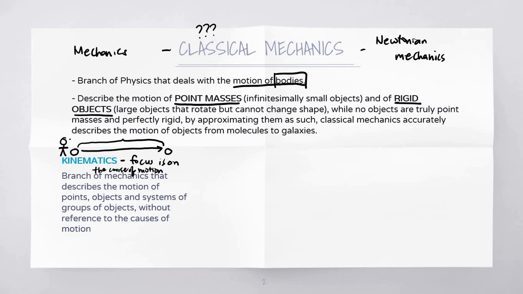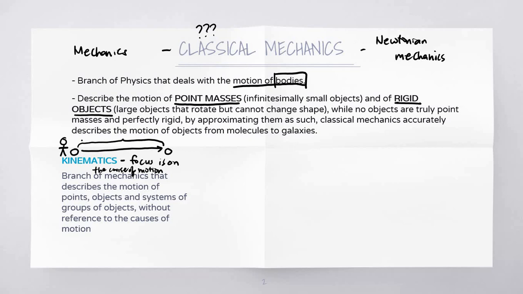We don't care if you kick it, or you just nudge it. You don't need to understand the cause of motion, but rather you focus on the course of motion itself. So what does this ball do? Does it roll or does it bounce? That's the focus of kinematics.